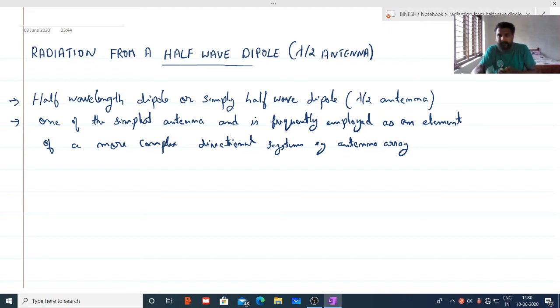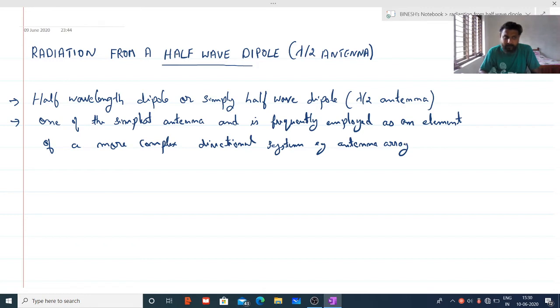This is a basic thing for the continuation of the next module on the antenna array.